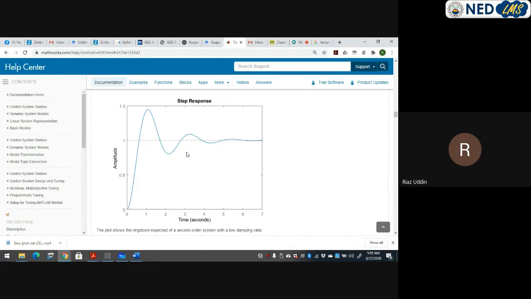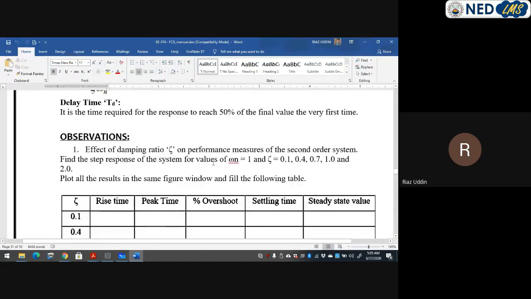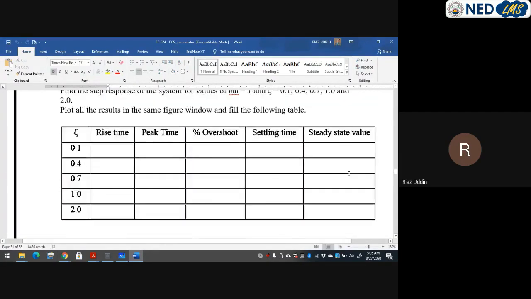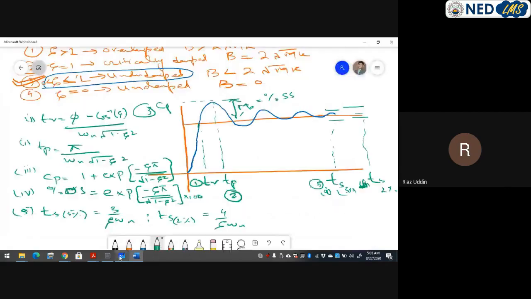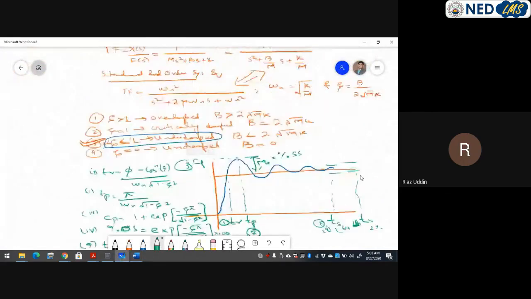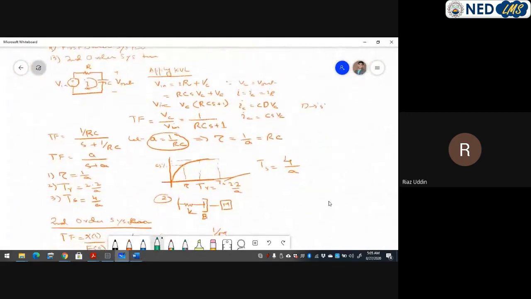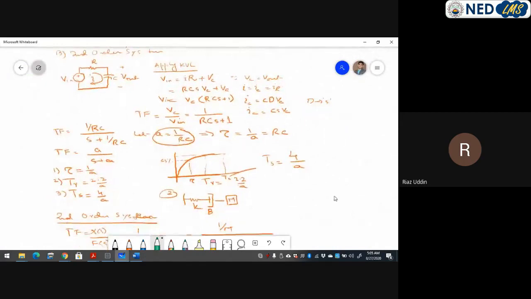Similarly, the same is the case with the first order system. I'll be discussing this when you are with me in the live lectures as well. So this is it for the first and second order response specifications. I'm just going to summarize that we have learned two types of system, one is the first order system and another is the second order system, and we learned about the dynamical control of that system.